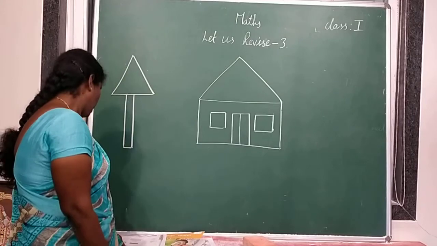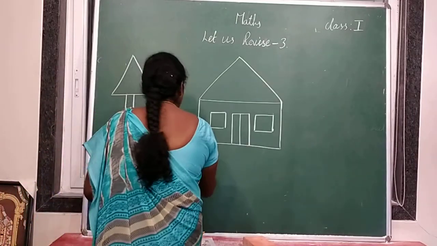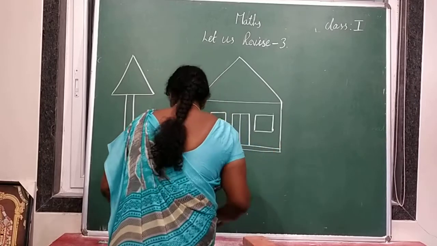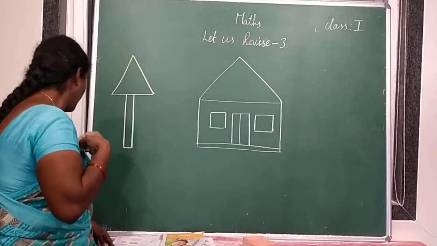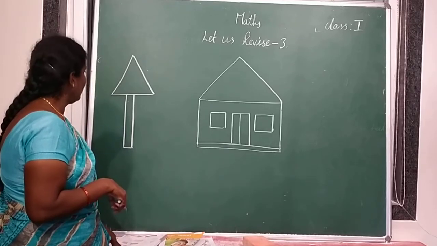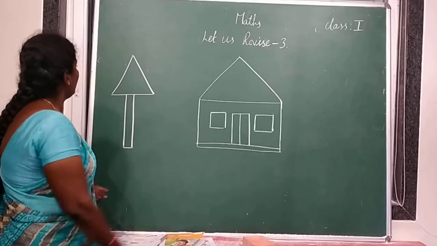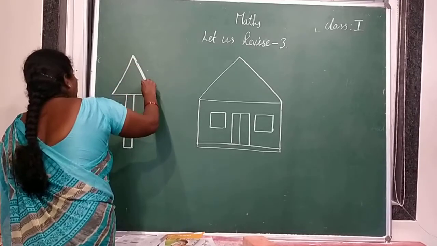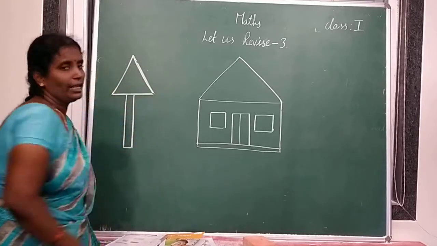Now, identify and color the shapes given below. Triangle, green color. So where is the triangle? This is in which shape? Triangular shape.